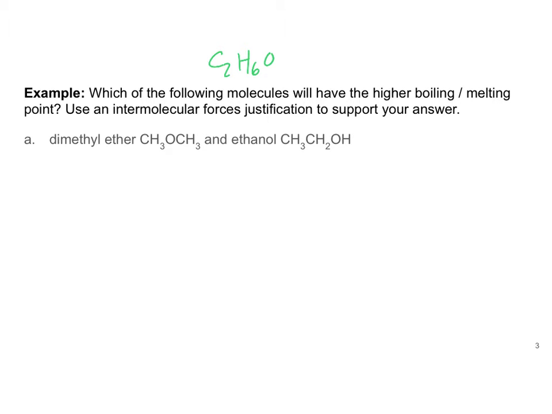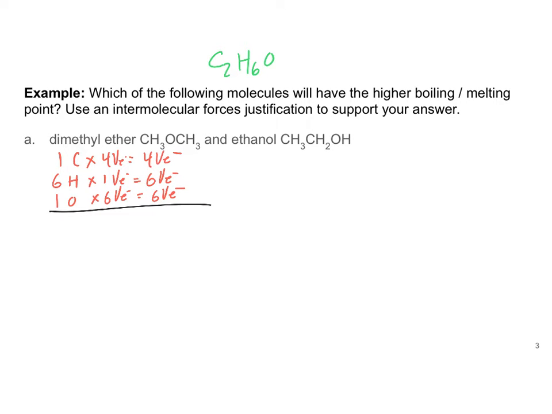So if I'm going to draw these structures, I would know that I have 2 carbons times 4 valence electrons, so that's 8 valence electrons, 6 hydrogens times 1 valence electron, so that's 6 valence electrons, and 1 oxygen times 6 valence electrons, so that's 6 valence electrons. When I add all that up, that's 6 and 6 is 12, and 4 is 16 valence electrons to find a home for.